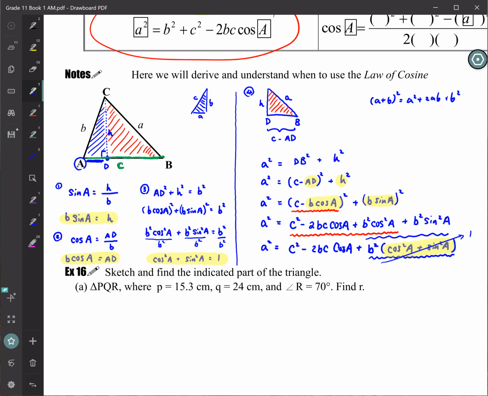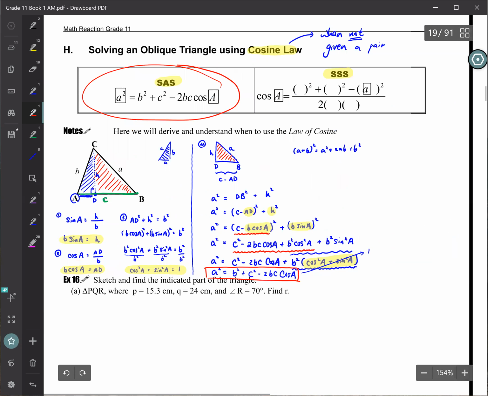If you rearrange, you get our formula: b squared plus c squared minus 2bc cosine A. So that is our formula from the top, and that's where it comes from.